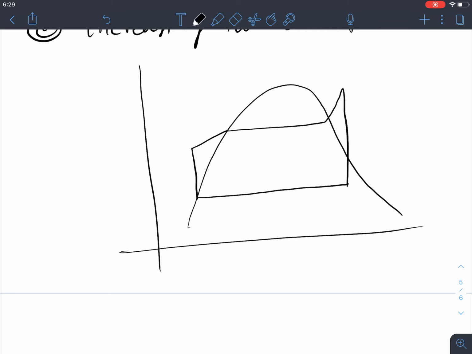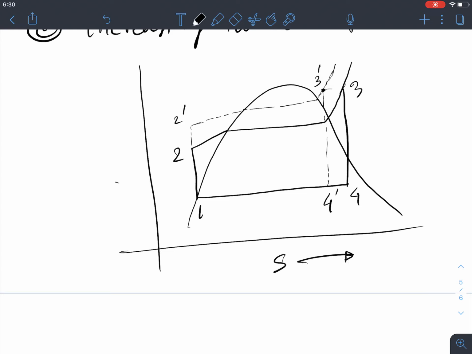So if we increase the boiler pressure, everything else will remain constant, however we'll increase the boiler pressure. And we will keep the temperature constant, the same temperature, right? So basically it will look like this. This is 1, 2, 2 prime, 3 prime, 3, 4 and 4 prime.